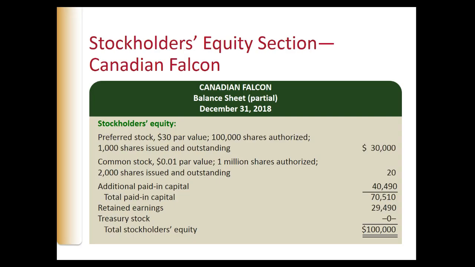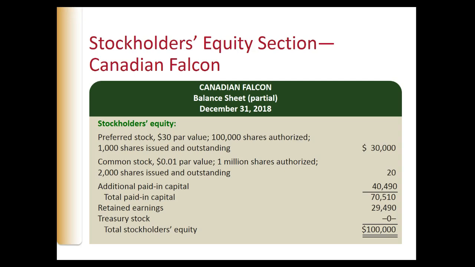To contrast the stockholders' equity section of the balance sheet and the statement of stockholders' equity, in this slide and in the next slide, we'll compare both statements for Canadian Falcon. This is a snapshot of stockholders' equity at the end of 2018. And then in the next slide, we'll see how each equity account changed during the year.